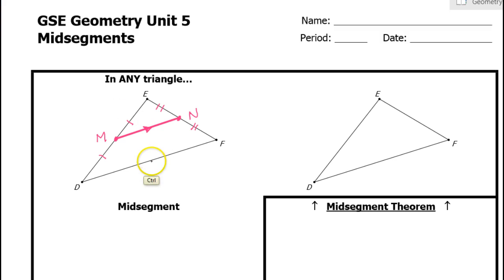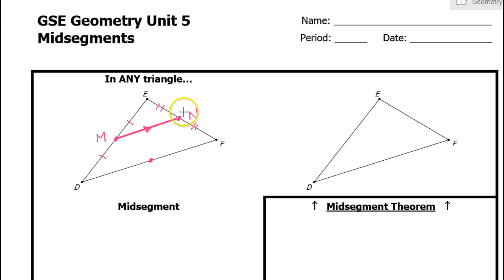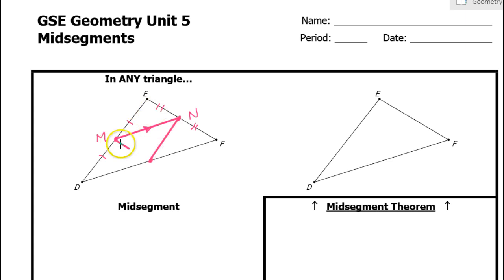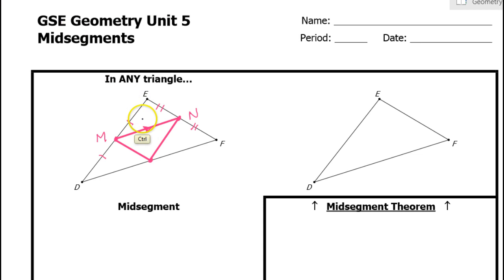Sometimes you will be given another midpoint over here, and you'll be given multiple midsegments at one time to play with. When this comes up, be aware that we're given all kinds of information.